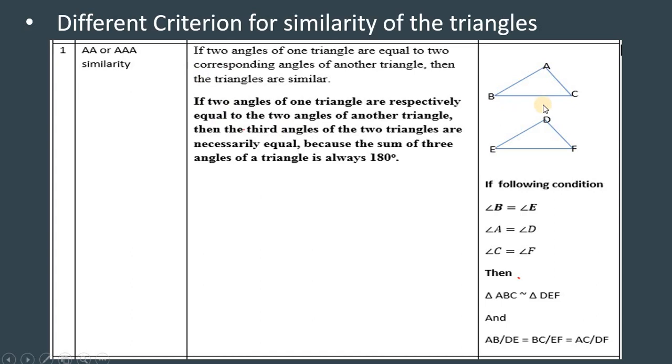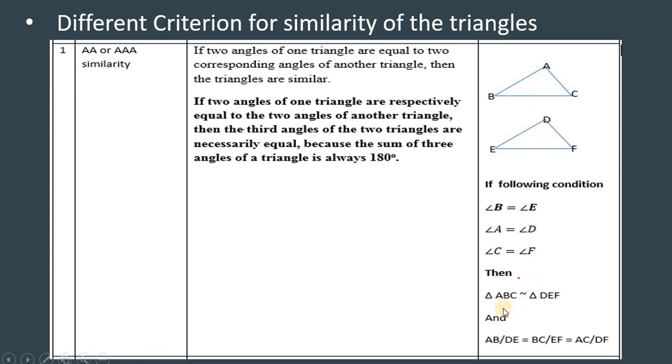So this statement says that we have two triangles, ABC and DEF. If these two triangles are similar, then what conditions should be followed? Angle B equals angle E, angle A equals angle D, and angle C equals angle F. This angle rule says that if any two angles of one triangle are equal to two angles of the other triangle, then these triangles are similar.